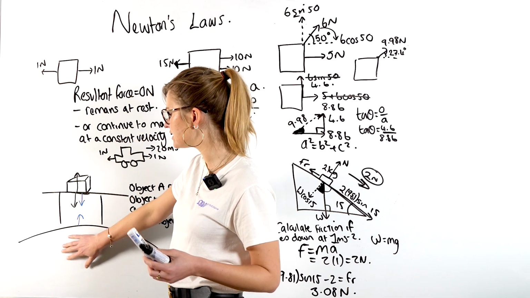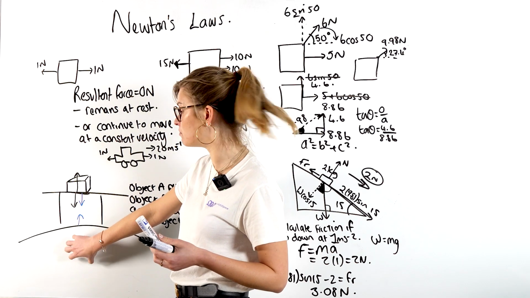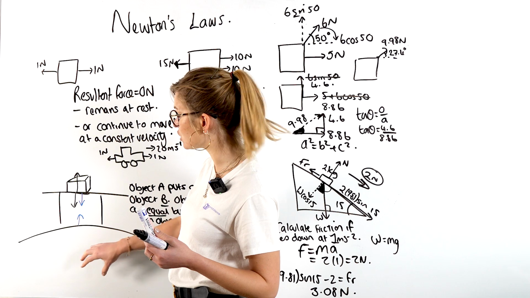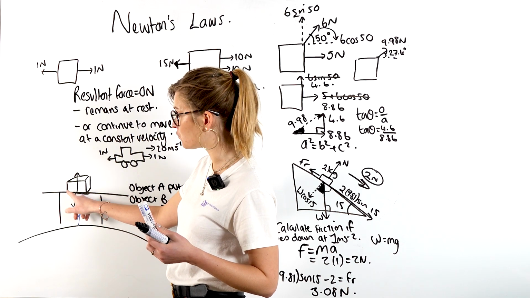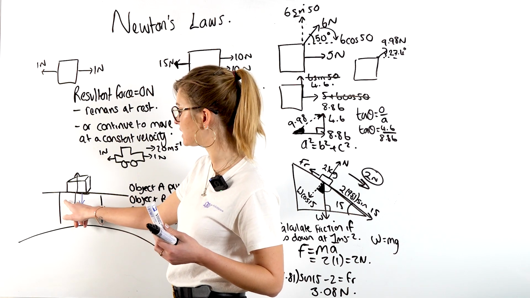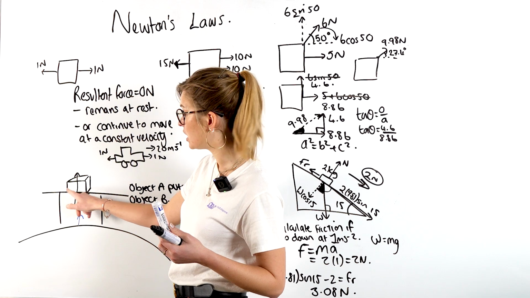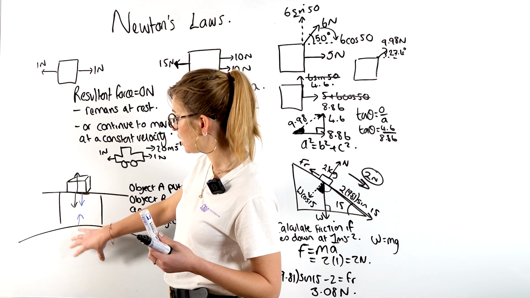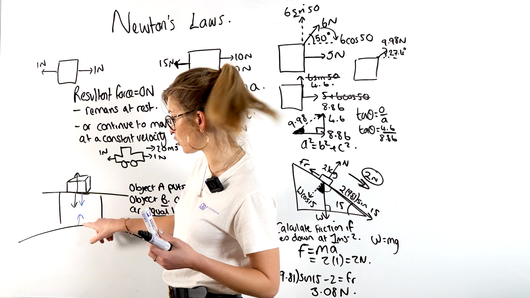You might think, how is the earth pulled up by the book? It just doesn't move because it's much, much larger than the book. So there are my Newton's third law pairs. The book puts a force down on the table, and the table puts an equal but opposite force on the book. The earth, through gravity, pulls the book down, and the book pulls the earth up.